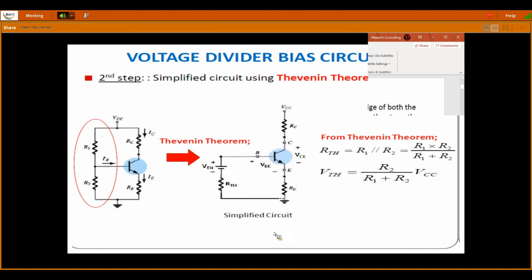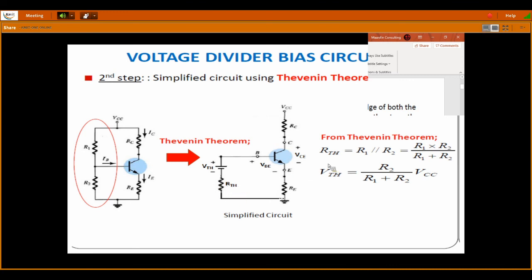So these are the analysis parts of your voltage divider network, like I did for fixed biasing. Now we will calculate the Thevenin voltage, since we have the R1 and R2 potential divider network. In order to find the base current and its collector current relations, we replace VCC, R1, R2 with a single voltage source VTH with a series Thevenin equivalent resistance RTH.